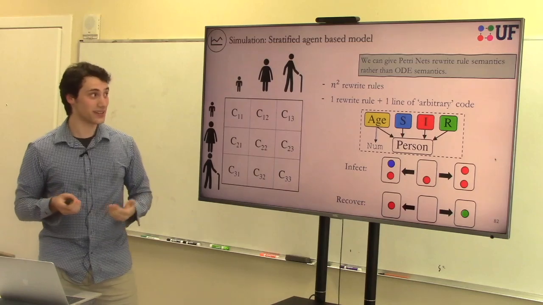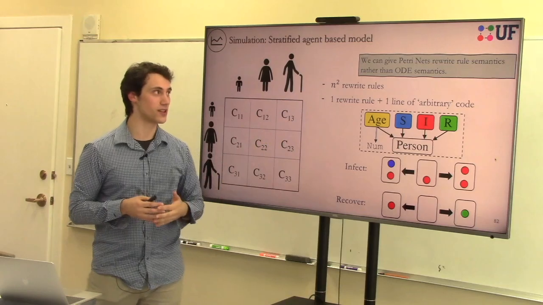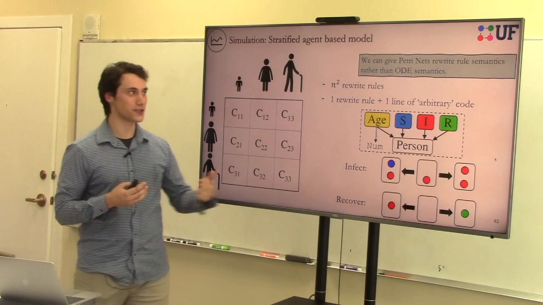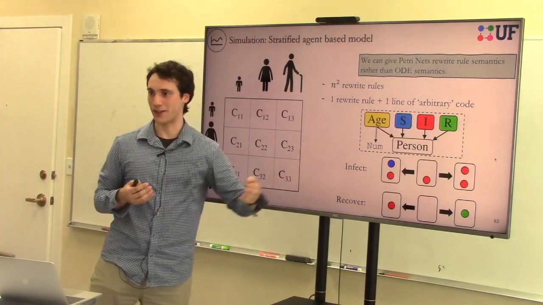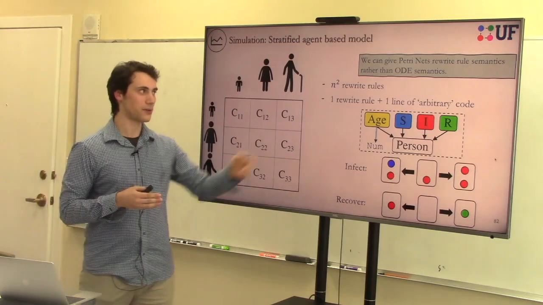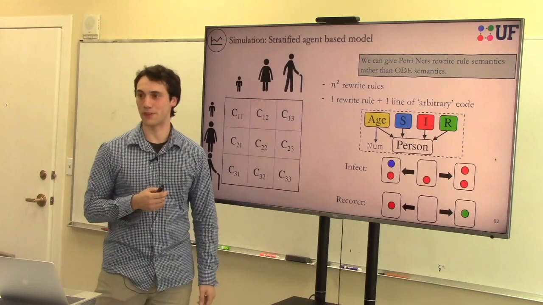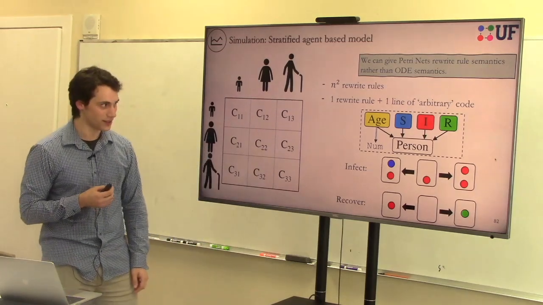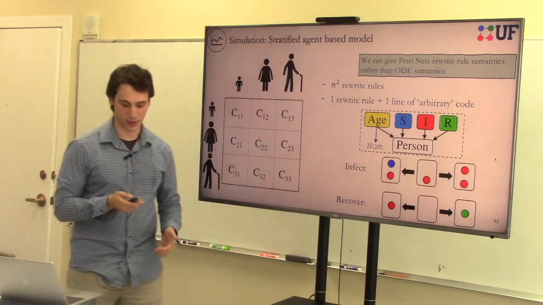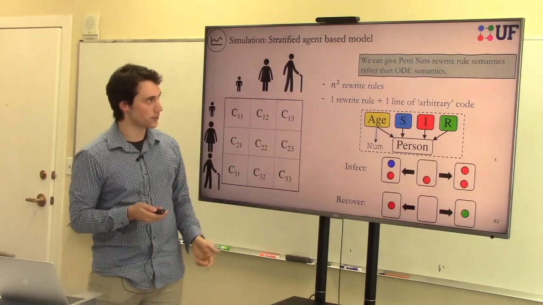So I'll say this is an honest trade-off that you have to make, because I think that the n squared rewrite rules are completely transparent to a computer, because computers do not interpret arbitrary code without really restricting the type of code that's there. But I would say that this other option is actually much more intuitive and understandable for a human being, writing that code or reading it. So importantly, we're at liberty to make this trade-off. And so working with Sean Wu, we actually took this second option.